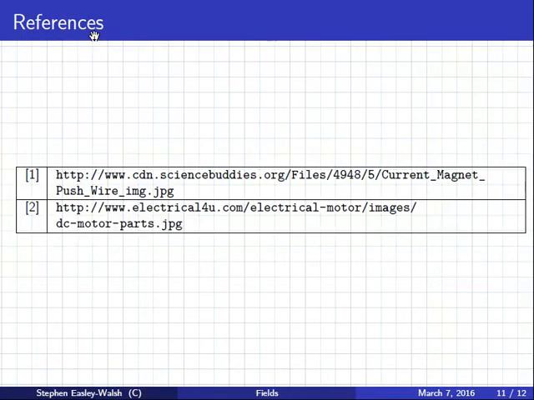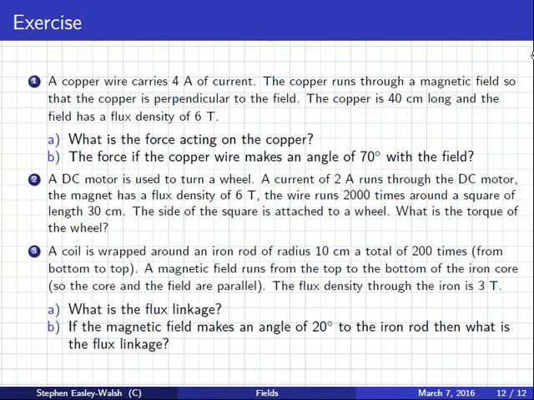All right. So here's the homework for this one. Did you get it?